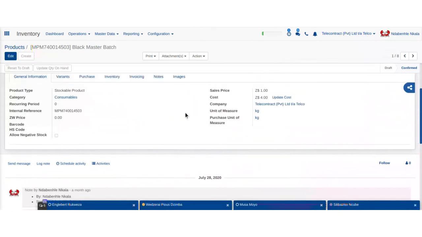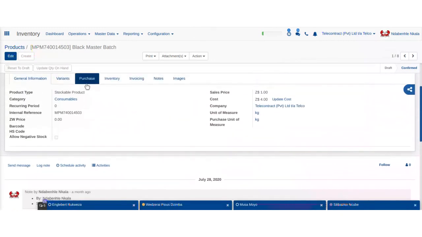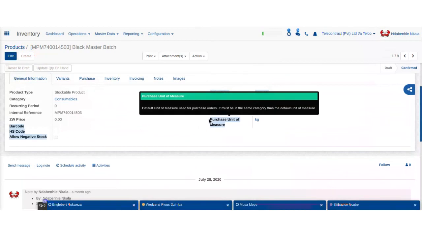Where this becomes important is that you set a unit of measure on the product. That basically defines how we issue it out. Do we issue out measuring kgs? Do we issue out measuring length, centimeters? Do we issue out as just units, counting 1, 2, 3, 4, 5? But also more importantly, there's the second unit of measure, which is the purchasing unit of measure.